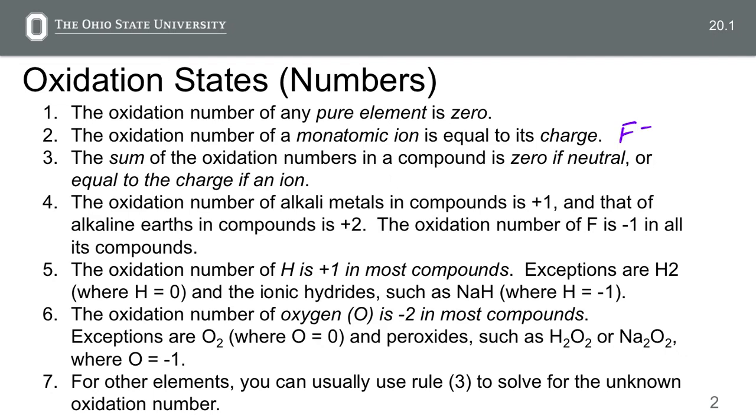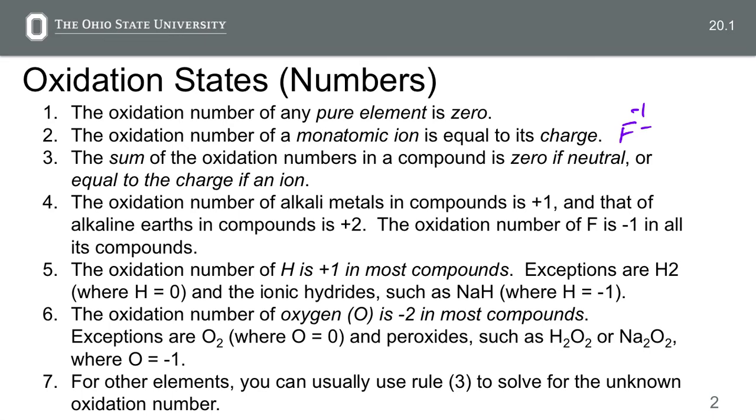So for instance, F minus, one atom, it's an ion, so monatomic, has a charge of -1, and so the oxidation number for F minus would be -1. I usually write oxidation numbers above the elements, especially when we're working with formulas.